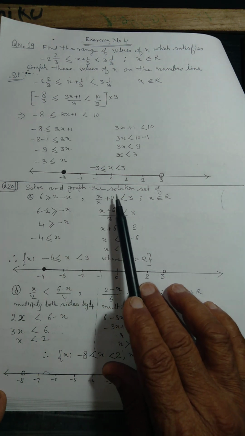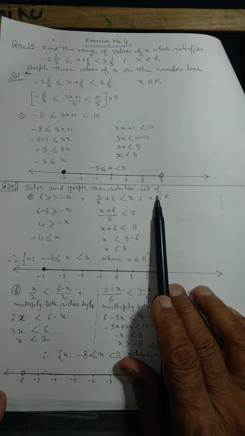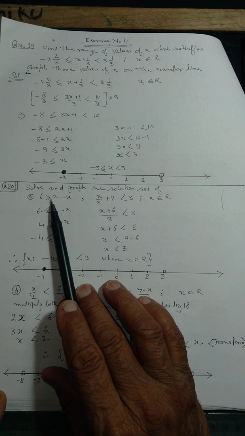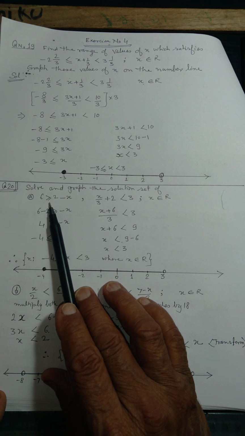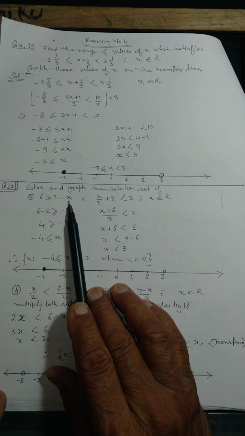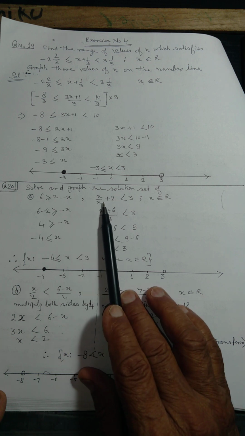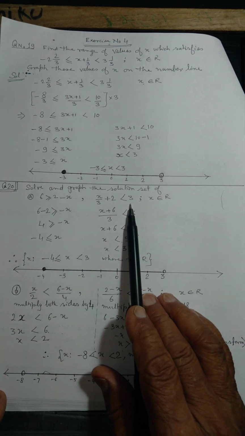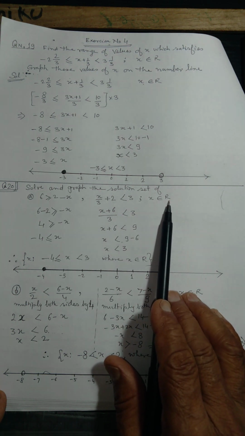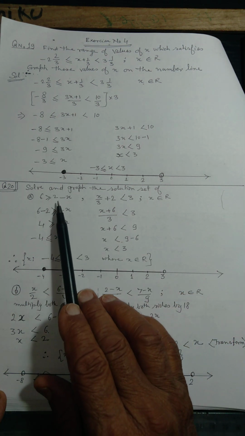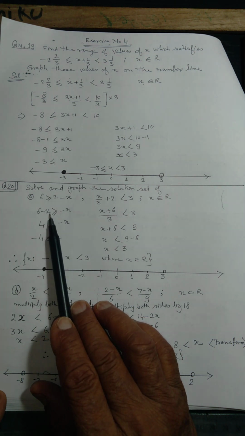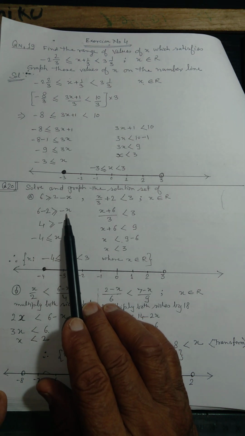Solve and graph the solution set of: A part, 6 greater than or equal to 2 minus x. Second part, x by 3 plus 2 less than 3, where x belongs to real numbers. Transpose this 2 to this side, so 6 minus 2 is less than or equal to minus x.